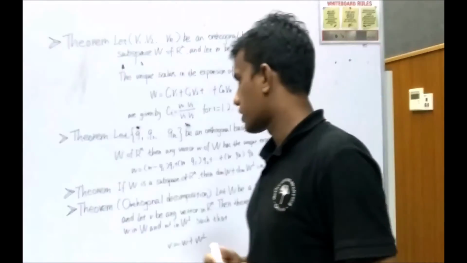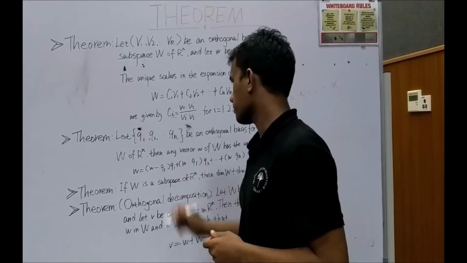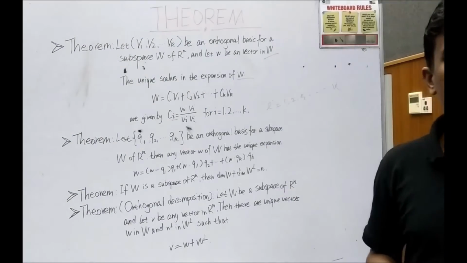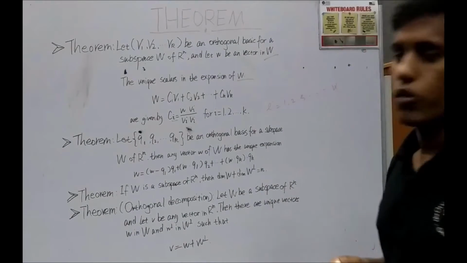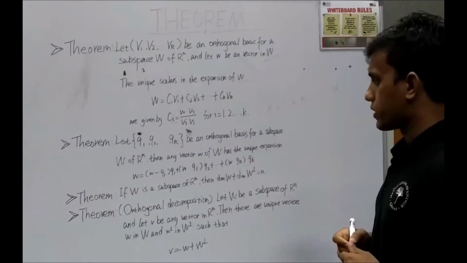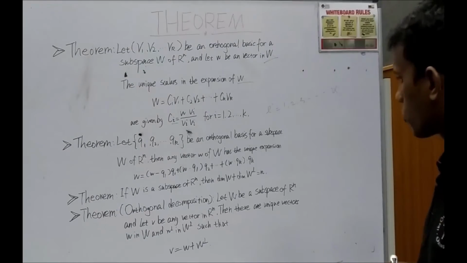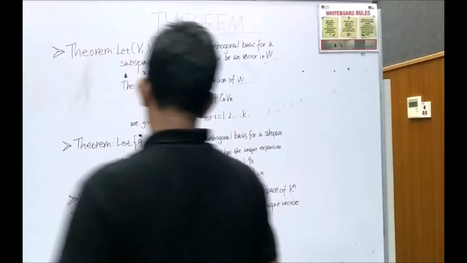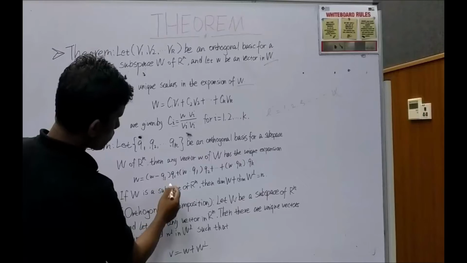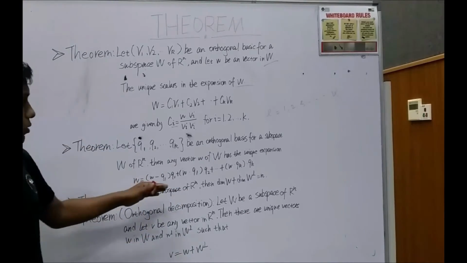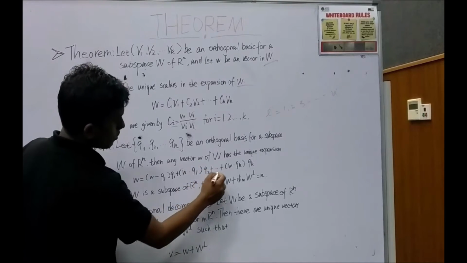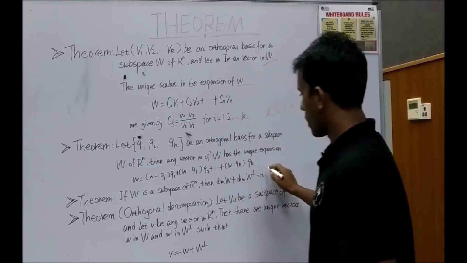Theorem 2: let q1, q2, up to qk be an orthonormal basis for a subspace W of R^n. Then any vector w in W has the unique expansion w equal to (w dot q1) q1 plus (w dot q2) q2 plus up to (w dot qk) qk.